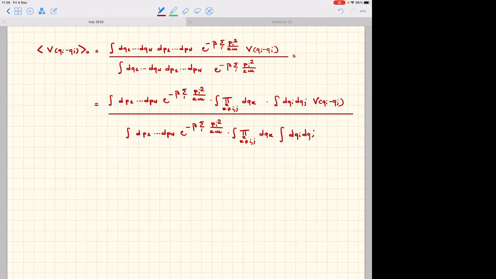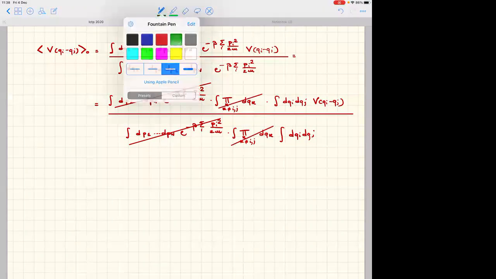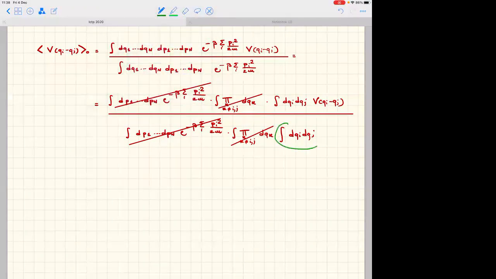Okay, so now this integral is equal to this one, so I can simplify. This one is just equal to the volume squared.